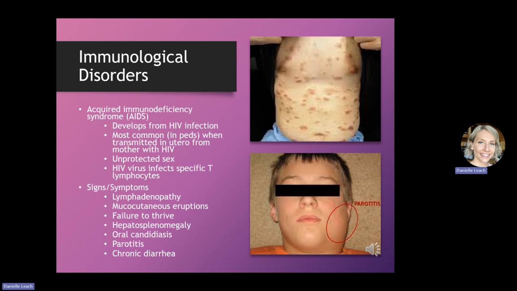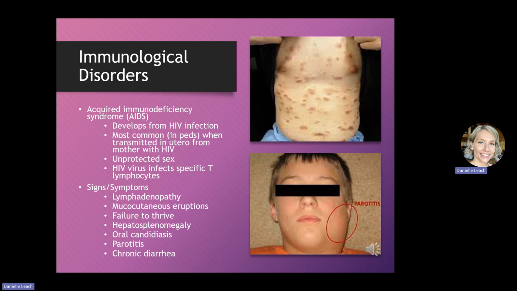Older children can be at risk for transmitting it through unprotected sex or IV drug use, but a little less common with pediatrics. The HIV virus infects specific T lymphocyte cells, which eventually develops into AIDS. The HIV virus is also found in breast milk. So the mother that's HIV positive cannot breastfeed.